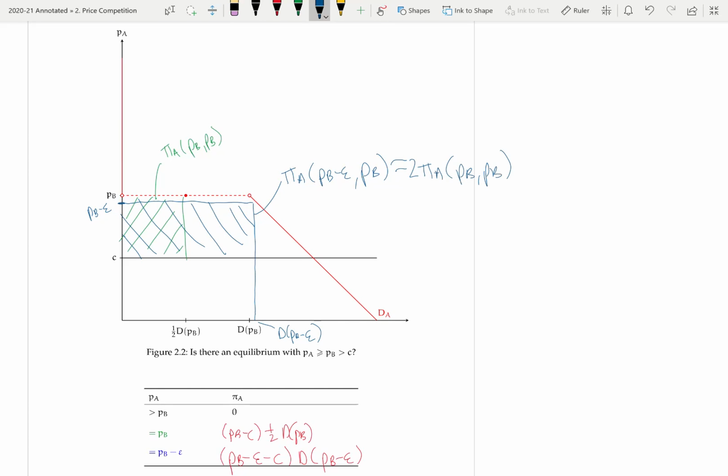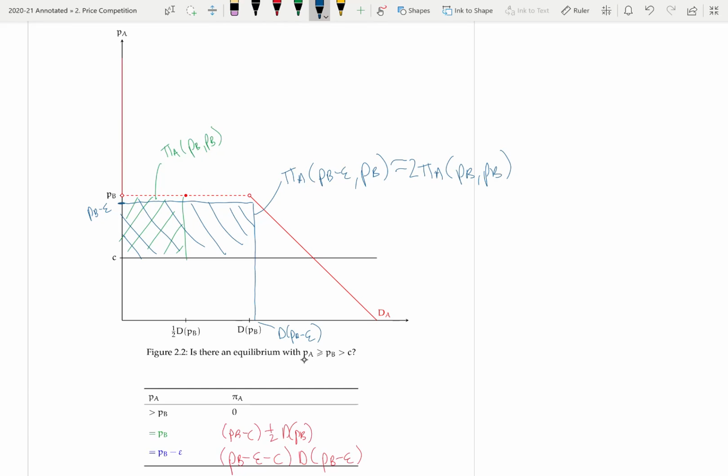So by reducing its price by a very, very small amount, it can double its demand, and therefore its profit must go up. So an infinitesimally small drop in price is giving a discrete jump in demand, a doubling of demand in this case, and that's why there's this incentive to drop the price.